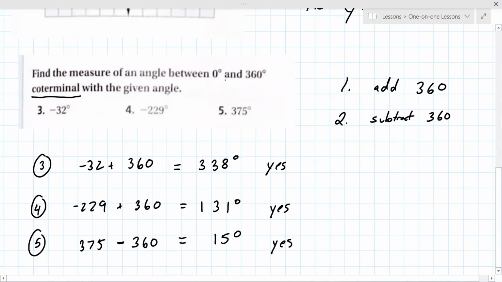And that works because it's between 0 and 360. You can also do this in radian measure. You could ask the same question with radians, but it doesn't look like that's here. So I'm not going to cover that unless you tell me to.